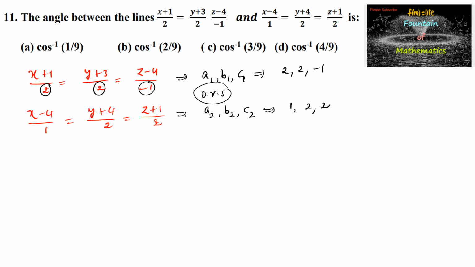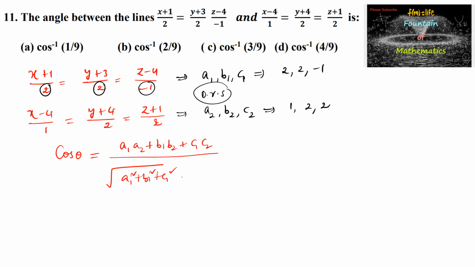And we know that if a1, b1, c1 and a2, b2, c2 are the direction ratios of two lines, then the angle between them can be considered as follows. If theta is the angle between the lines, we have cos theta is equal to (a1 a2 plus b1 b2 plus c1 c2) upon root of (a1 square plus b1 square plus c1 square) into (a2 square plus b2 square plus c2 square).